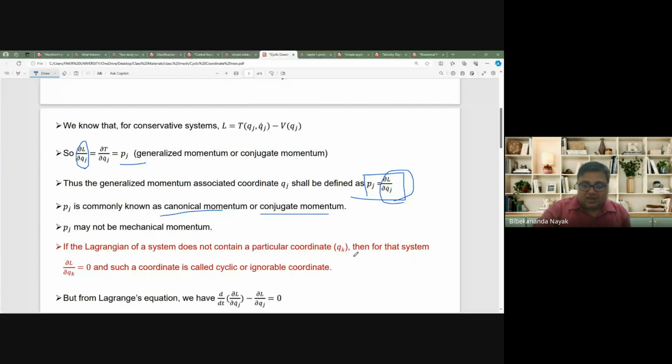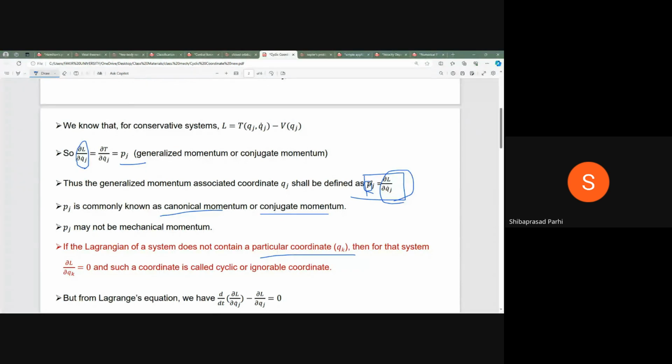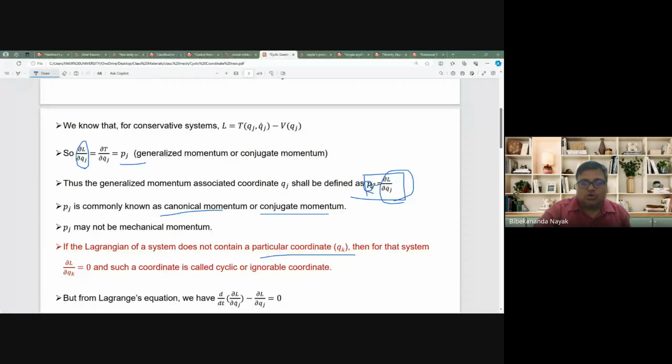If the Lagrangian of a system does not contain a particular coordinate Qk or Qj, then for that system del L by del Qj will be 0. Sir, anything dependent on velocity, will that be the generalized conjugate momentum? No. Conjugate momentum is associated with a coordinate according to this formula. Pj is equal to del L by del Qj dot.